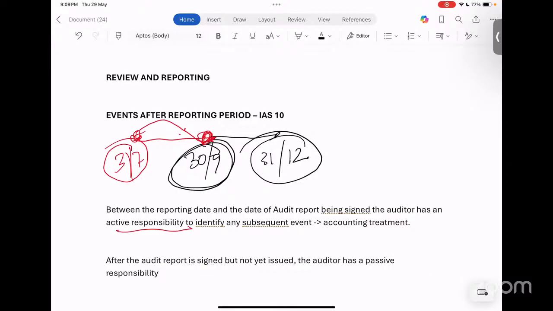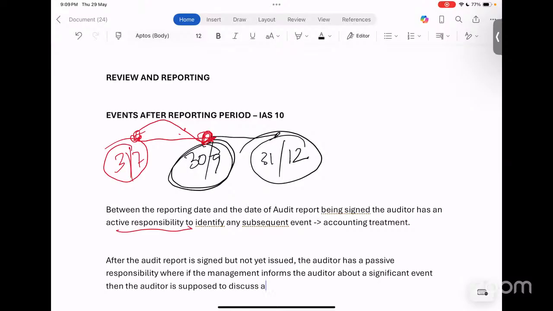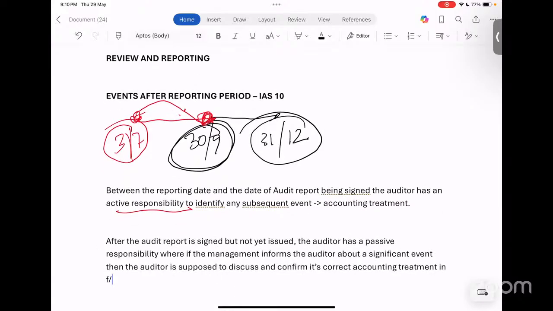Okay, it has a passive responsibility where if the management informs the auditor about a significant event, then the auditor is supposed to discuss and confirm its correct accounting treatment. Correct accounting treatment in the financial statements.